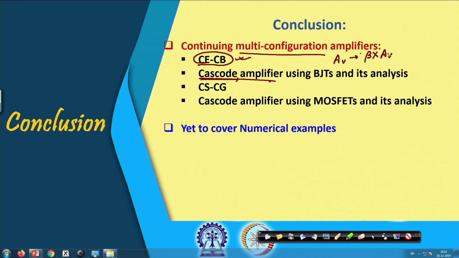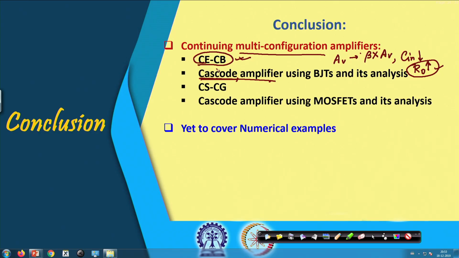Also, we have seen that the input capacitance got decreased, but the drawback is that the output resistance got increased, and that needs to be handled by some means. So, as long as this is allowed, we can go for this cascode amplifier.